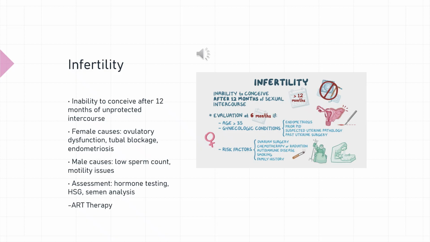Sometimes both partners contribute, and sometimes that cause is not found. Sometimes there's just an incompatibility with the sperm and the egg. This is about 20% of cases where they just don't really have a good solid reason, and it leads to unexplained infertility.